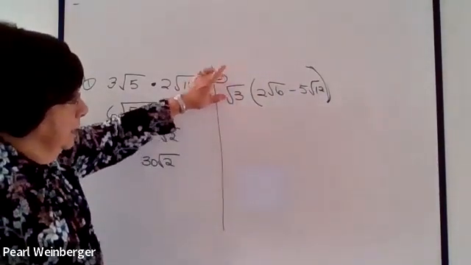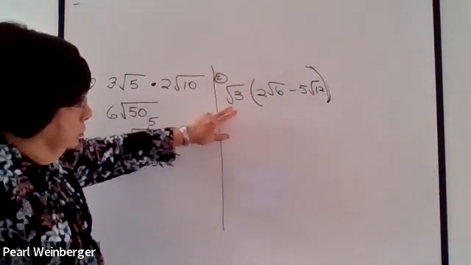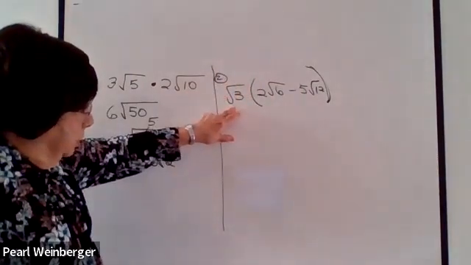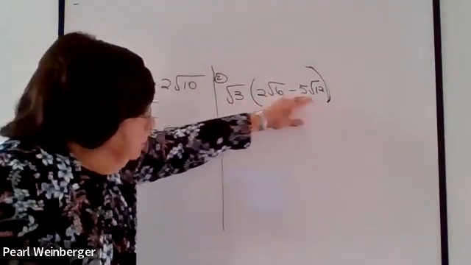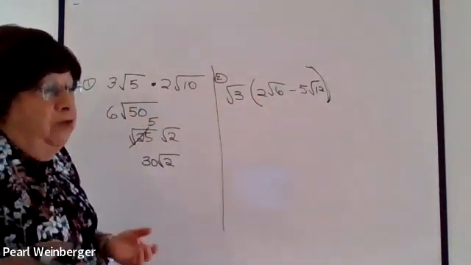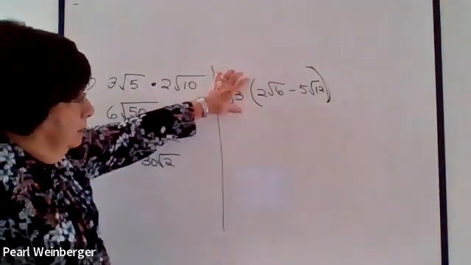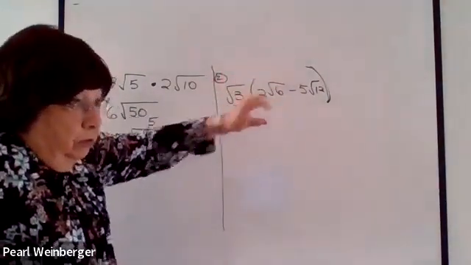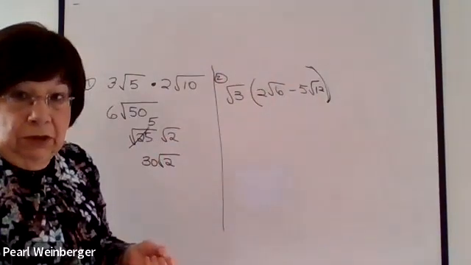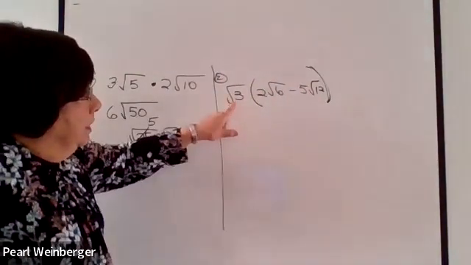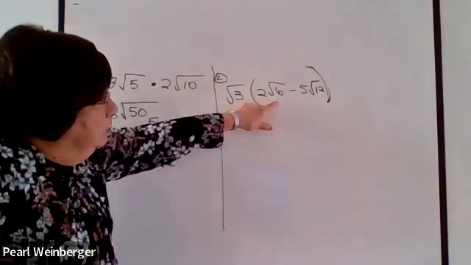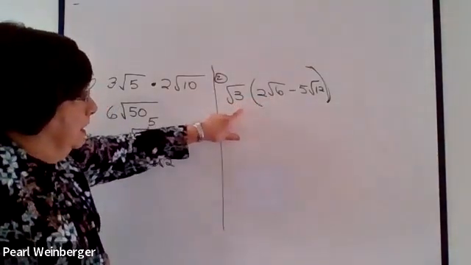So what we really have here is a single term, the square root of 3, times a binomial. This is 2 terms. But we've done things like that before. When you have a single term times a polynomial, you have to use the distributive property and multiply each term inside the parentheses by what's on the outside.